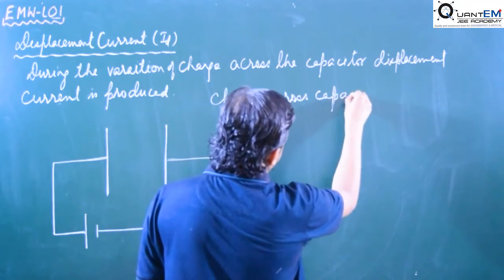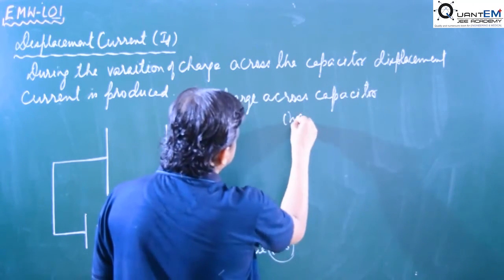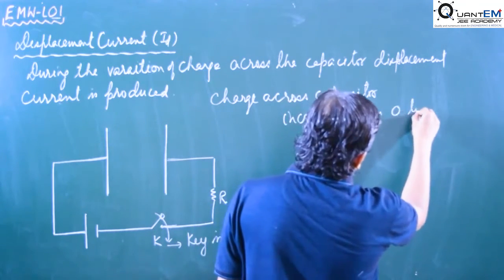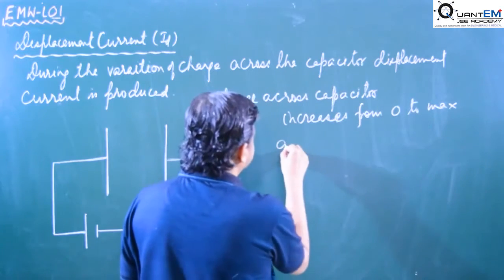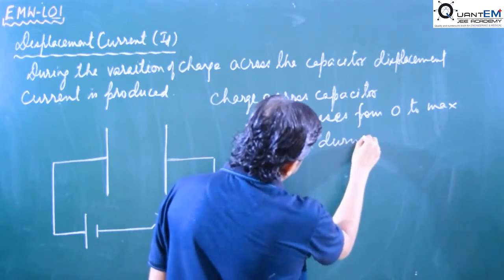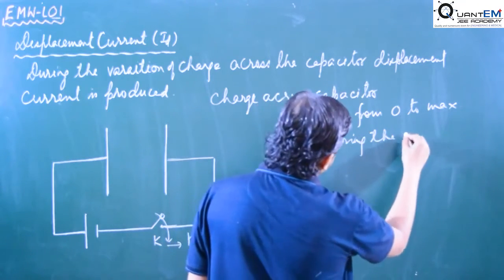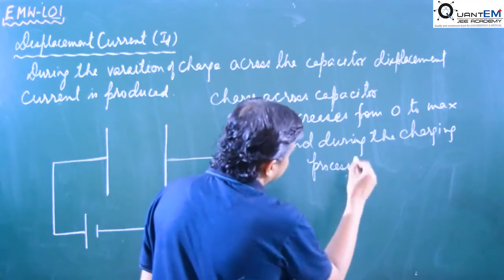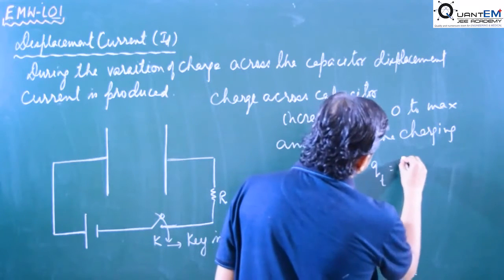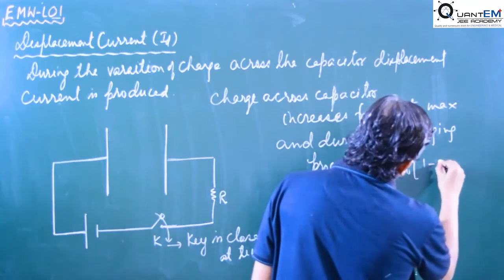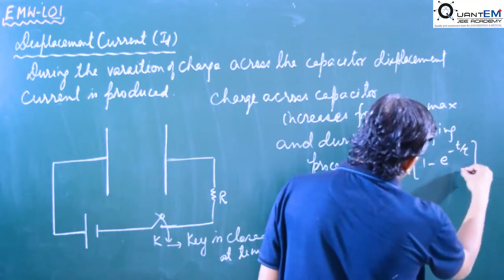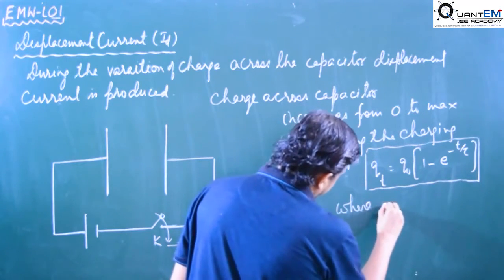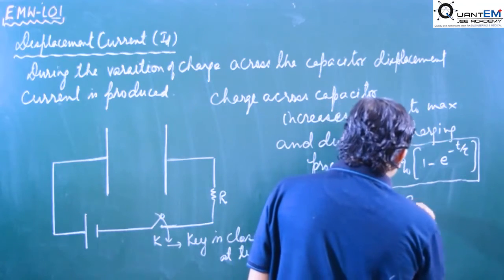During the charging process charge at any time t is q naught into 1 minus e to the power minus t by tau. ये charging and discharging of capacitor में हमने करवाया था, where q naught is what? Q naught is the CE.